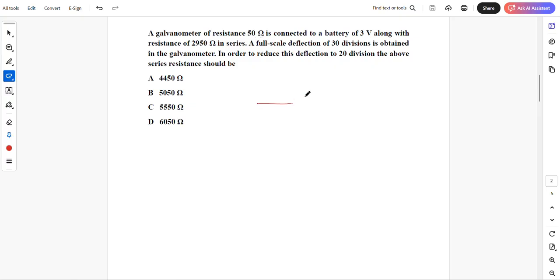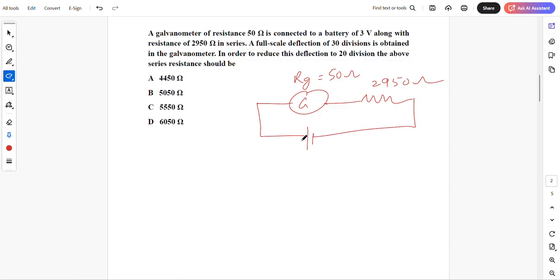Okay, we have a galvanometer of resistance, Rg is equal to 50 ohm, is connected to a battery of 3 volts along with a resistance. One resistance is there, 2950 ohm. R is equal to so much.